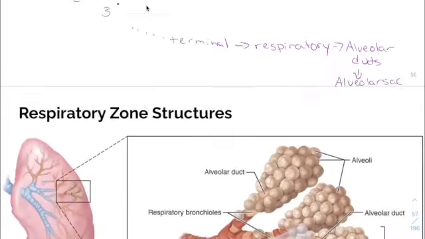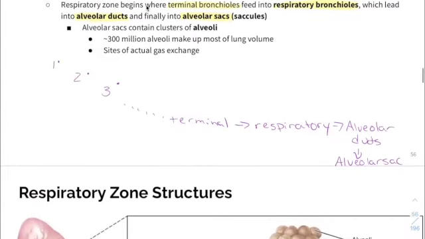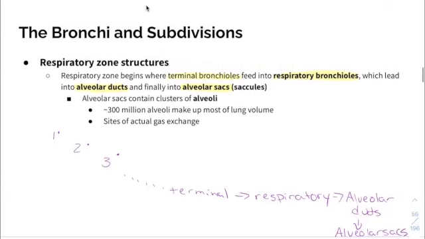So it's a long process to get air all the way down to where we can actually do our gas exchange. And those alveolar sacs contain what are called alveoli. We have about 3 million alveoli in our lungs.